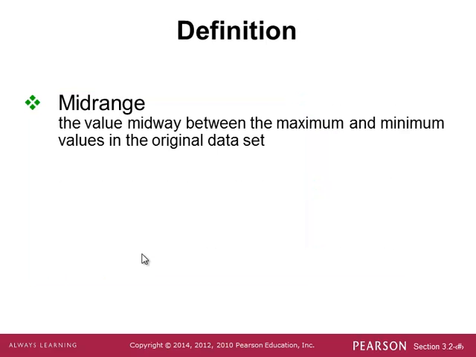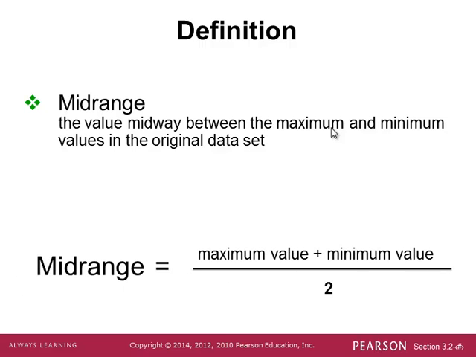There's yet another measure of central tendency, not used very much, but it might show up from time to time. It's called the mid-range. If you take the smallest number and the largest number in your data set and take the average of those two values, then that would be your mid-range.